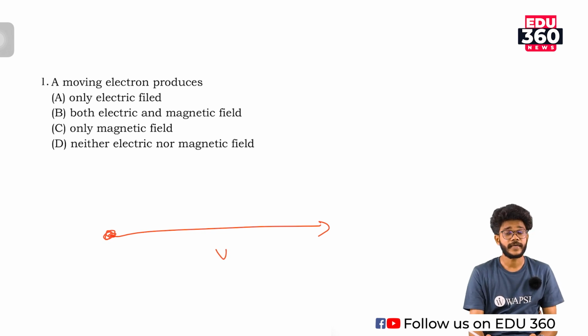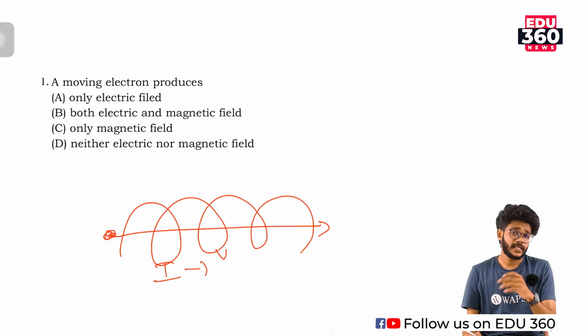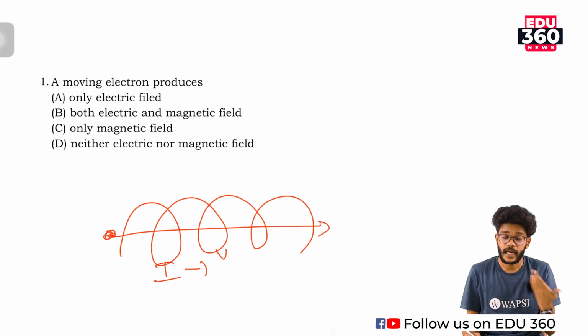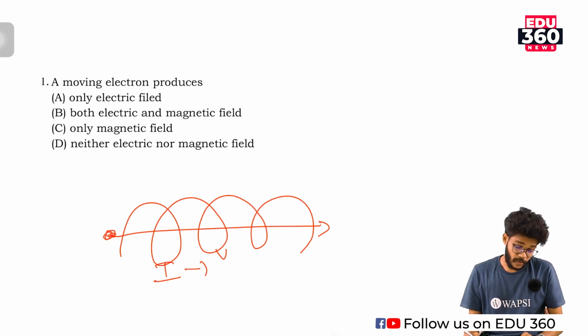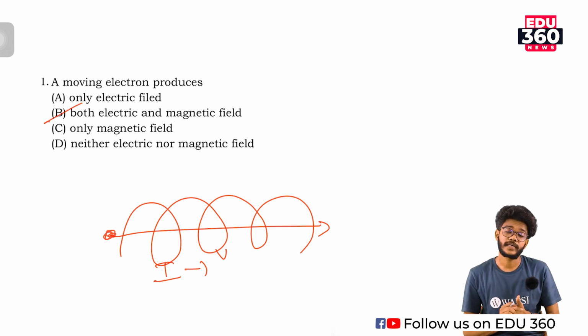That means a moving charge will produce what? Current. A current can produce a magnetic field around it. So a moving charge can produce a magnetic field as well as an electric field, so both electric and magnetic field. Option B is the correct answer.